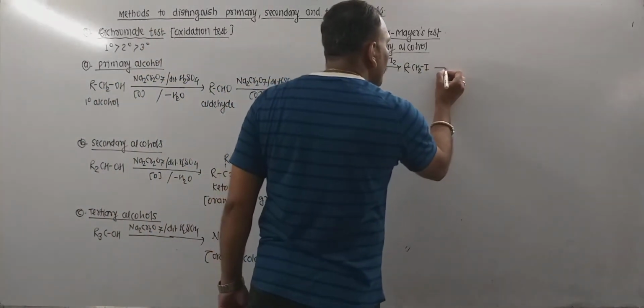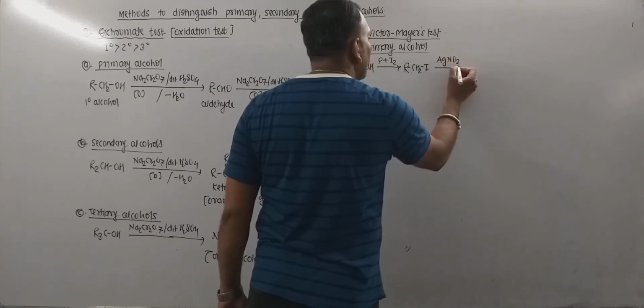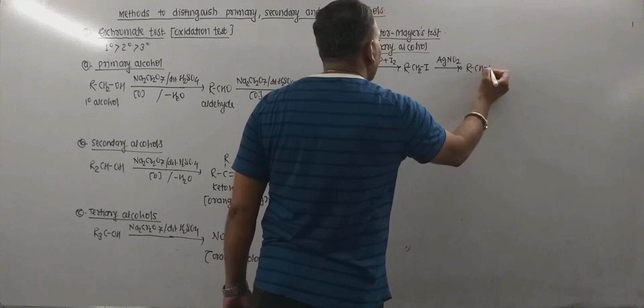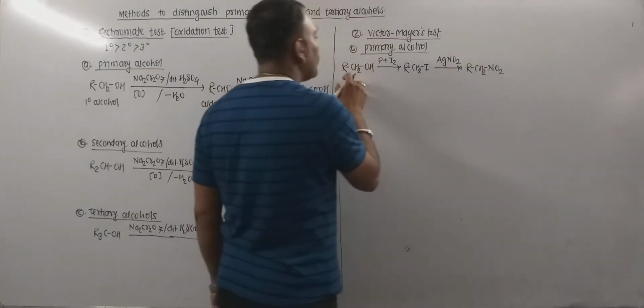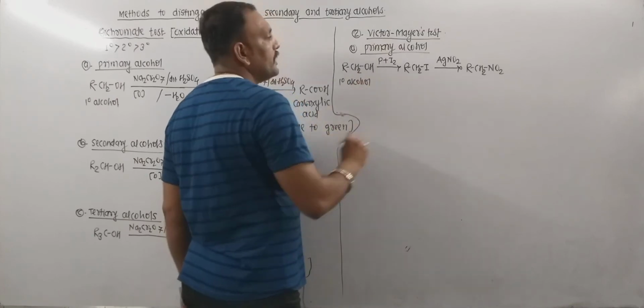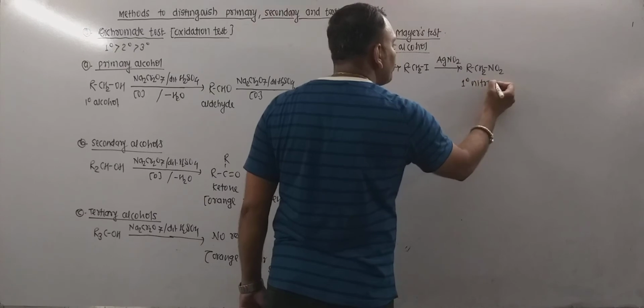Now when this alkyl iodide is treated with silver nitrite, that is AgNO2, then we get the nitro compound, and we are using 1 degree alcohol, that is primary alcohol. That's why this nitro compound is also a primary nitro compound.